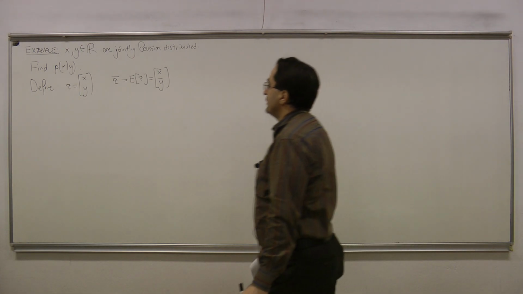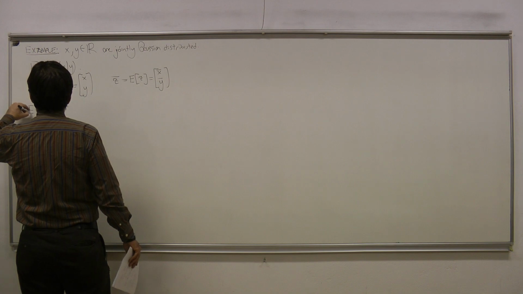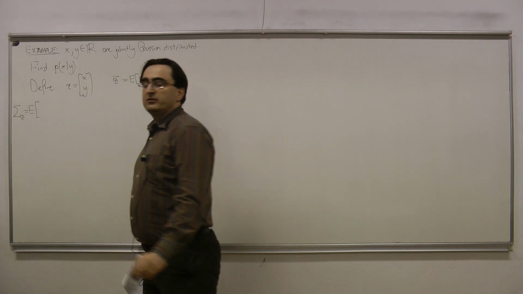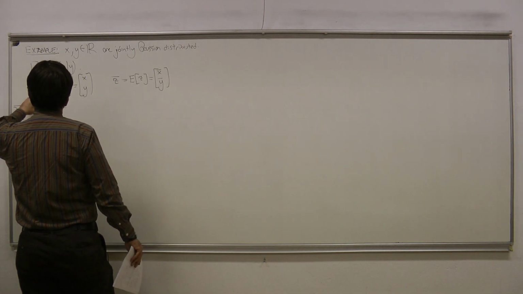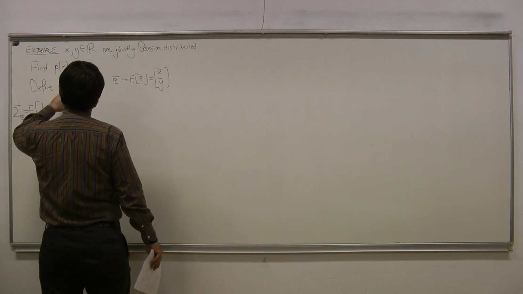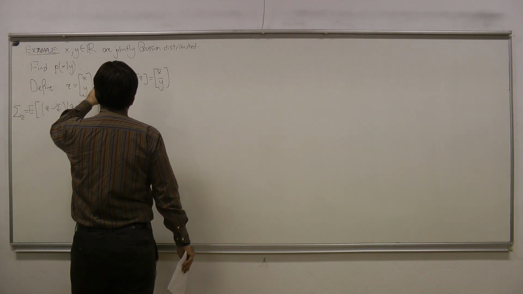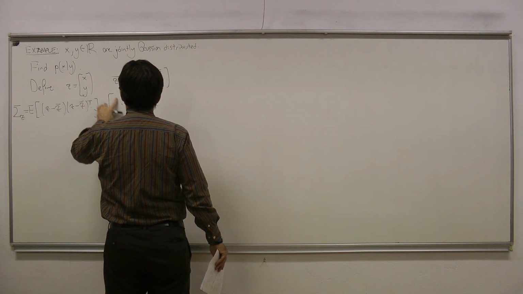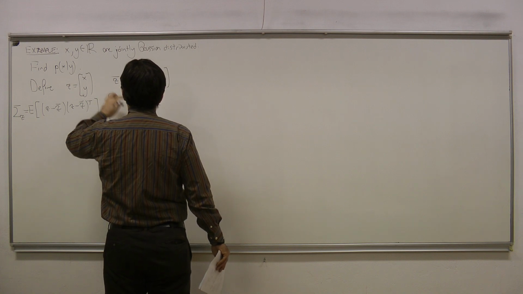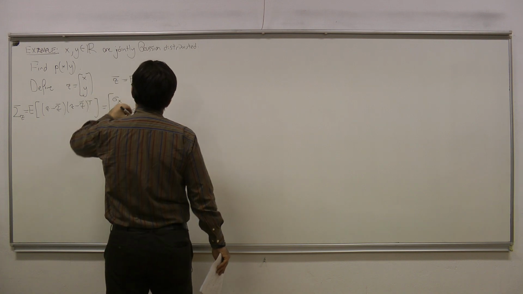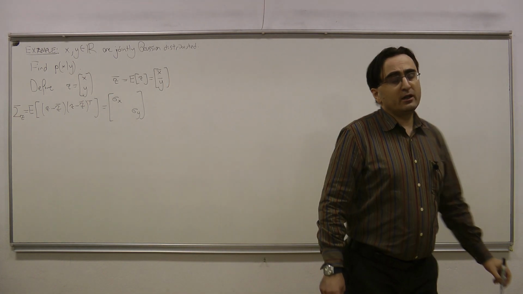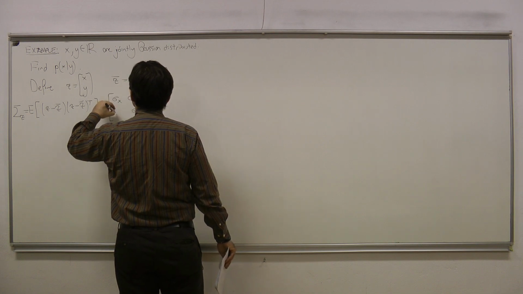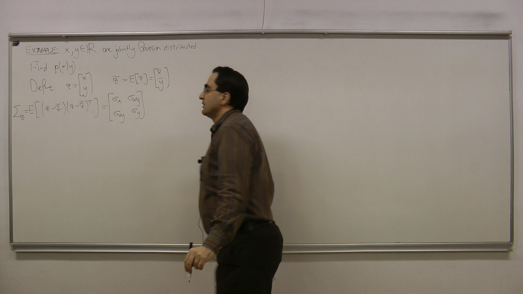And if I define the covariance of z, let us say this is sigma z, it is equal to the expected value of (z minus z bar)(z minus z bar) transpose, and this is going to be a 2 by 2 matrix. On the diagonals, I would have the marginal variances of the random variables x and y, and I would have the cross variance sigma xy in the off-diagonal terms.